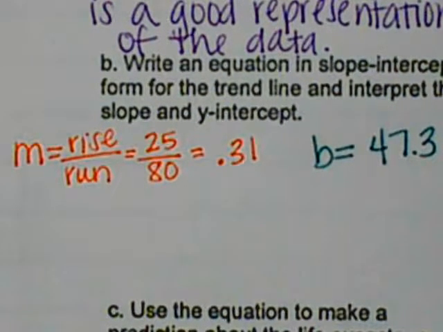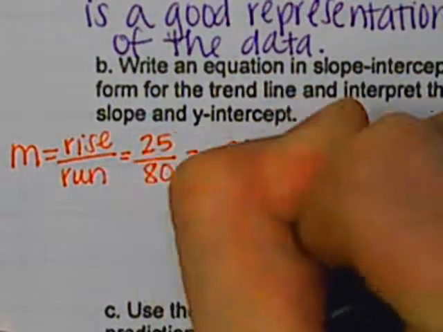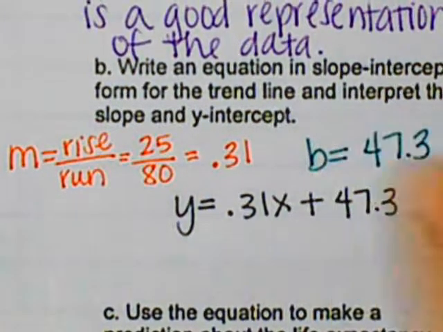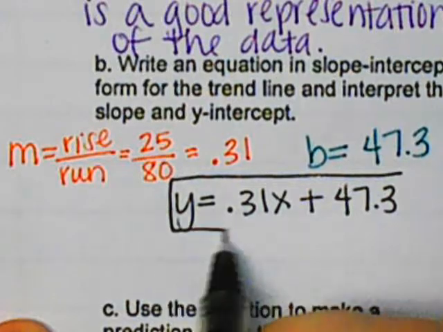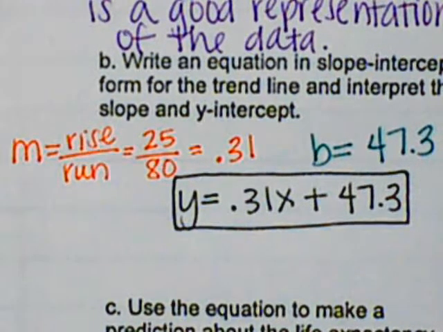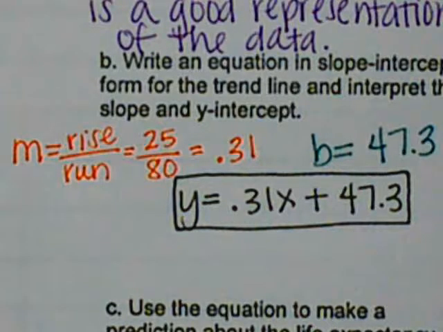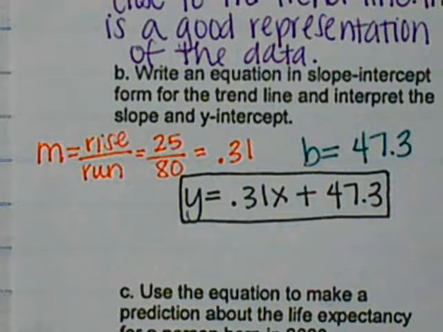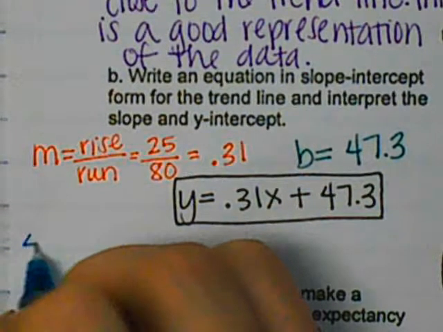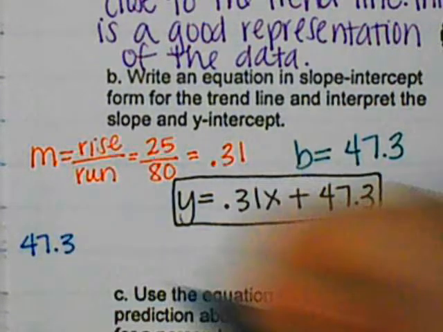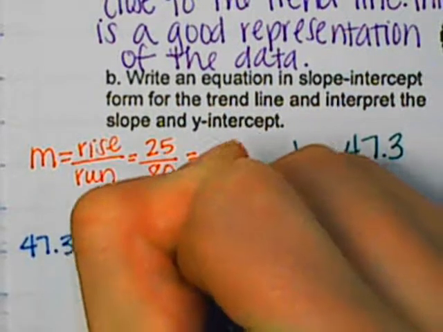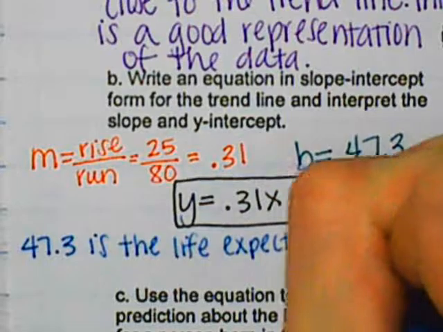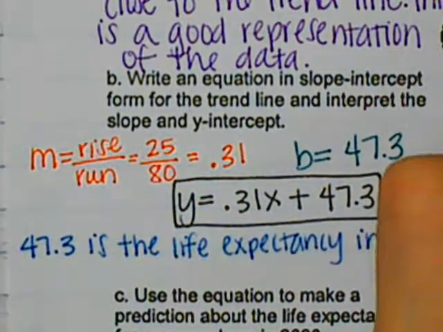So we can use our slope and our y-intercept to write an equation. We have y equals 0.31x plus 47.3. It also asks us to interpret the slope and the y-intercept. So, our y-intercept of 47.3 is the life expectancy in 1900.